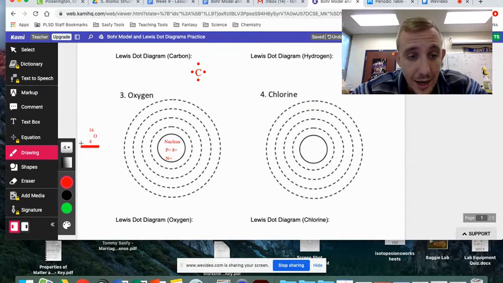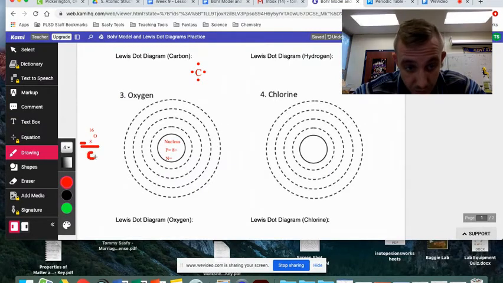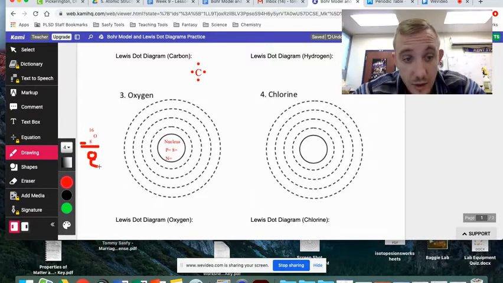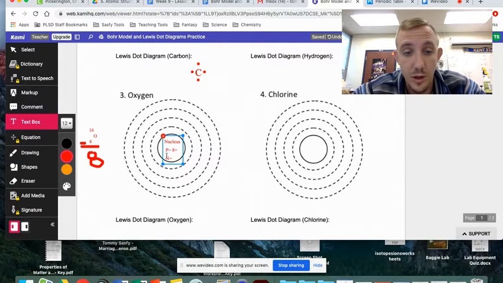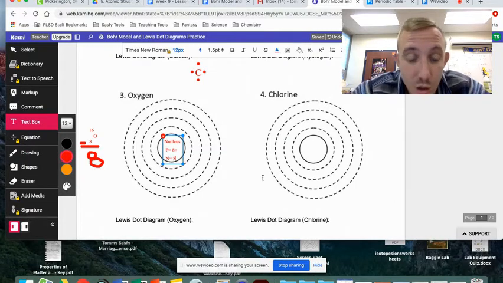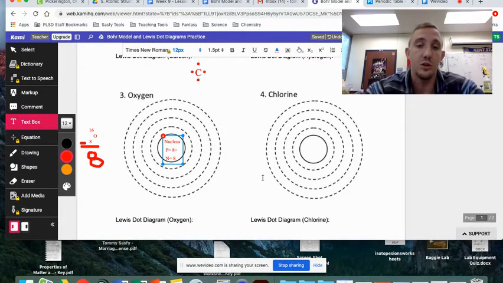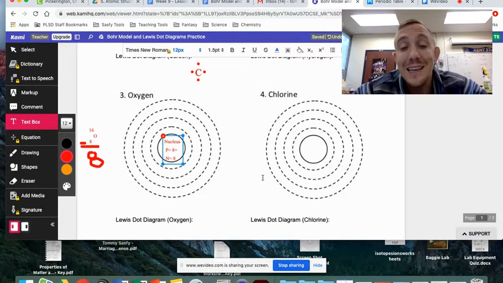So 16 minus 8 is 8, and this equals my number of neutrons. I'm going to fill this in. I have 8 neutrons, and neutrons don't have a charge, so notice I don't add a charge. Now, if I am assuming the atom is neutral, my protons and electrons have to equal. So if I have 8 protons, I have to have 8 electrons.